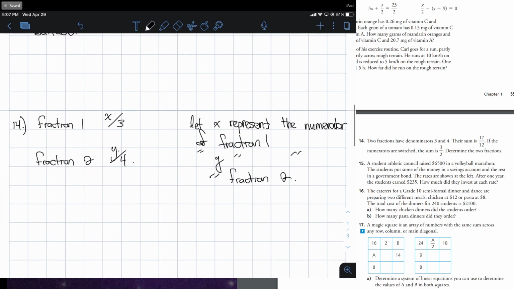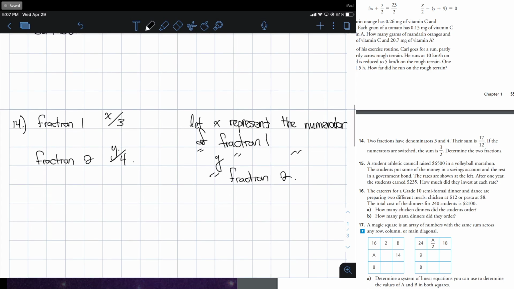Okay. Now, what we're told here is the sum of these two fractions is 17 over 12. So when we add fraction 1 plus fraction 2, the result is 17 over 12. So x over 3 plus y over 4, we add those two up, and we get 17 over 12. We're also told that if the two numerators are switched, then the sum is 3 over 2.